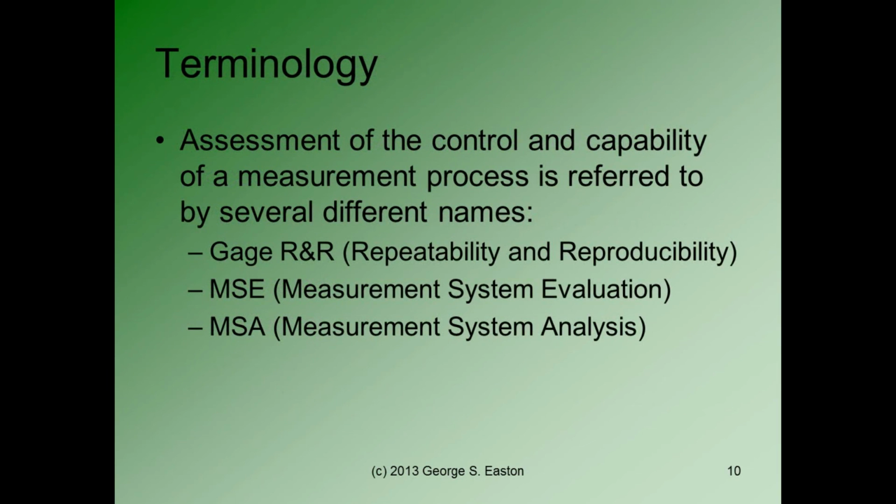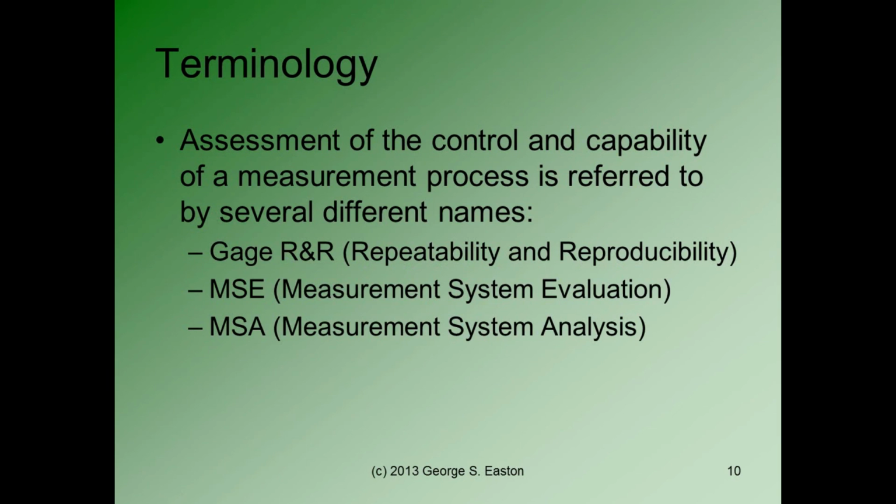Now I want to return very quickly to terminology for the kind of thing that we're talking about doing here, largely because I need to introduce this first term to you, Gage R&R, which stands for Gauge Repeatability and Reproducibility. In the next video, I'm going to define these terms, but all three terms that we've now run into refer to essentially the same thing.